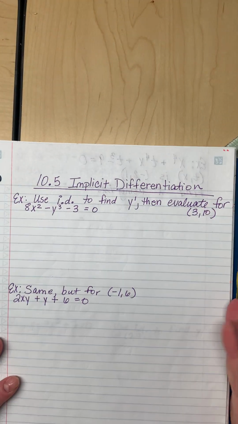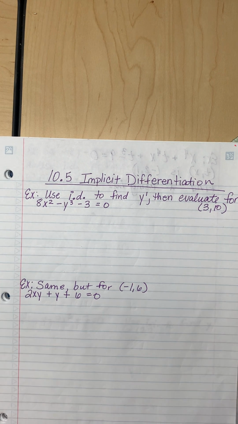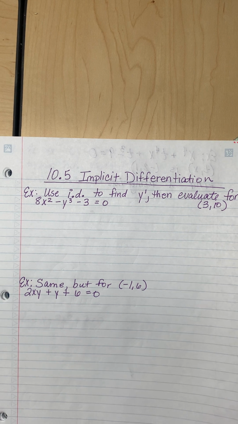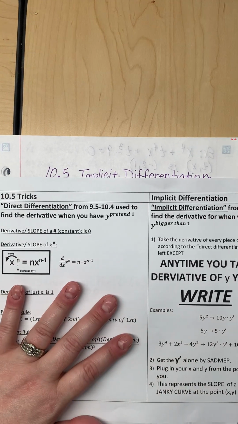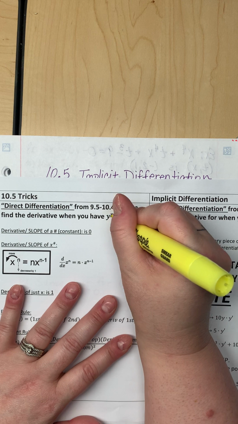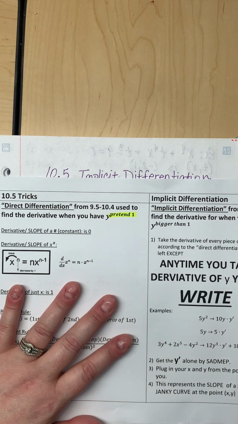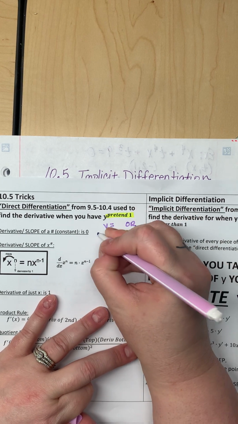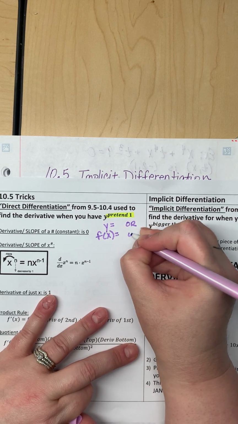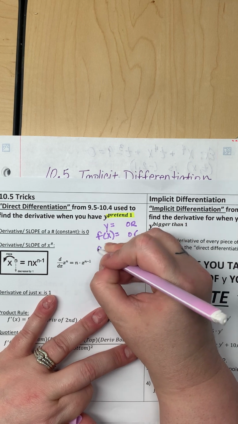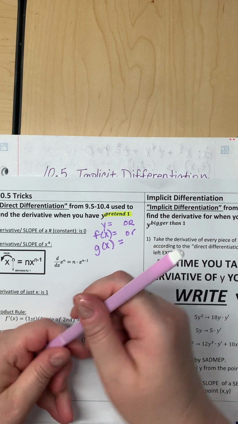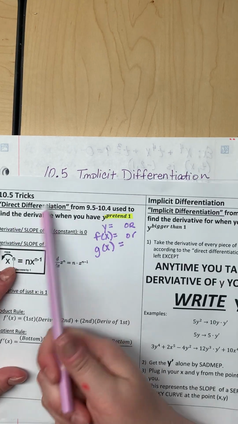Every time we've taken the derivative so far, we've only had y equals or f of x equals, where y has a pretend 1 as its exponent.